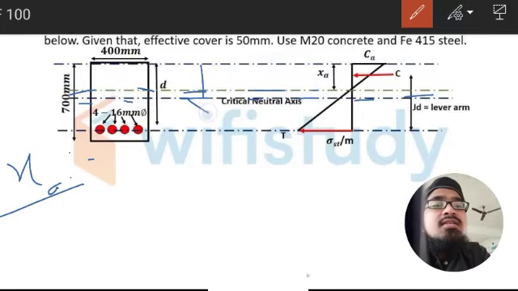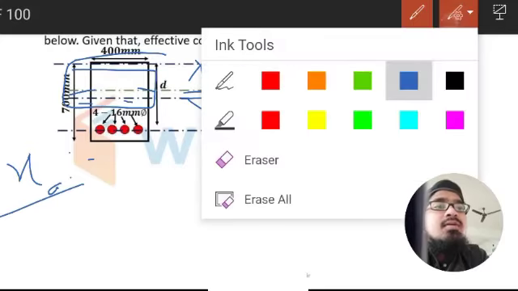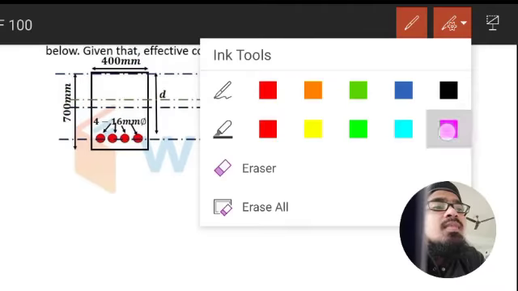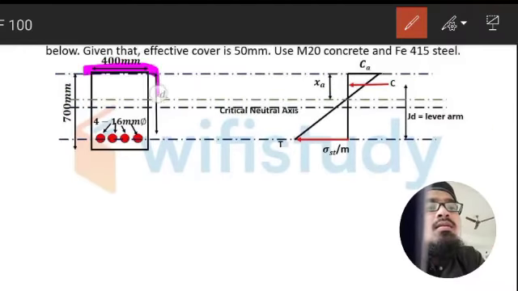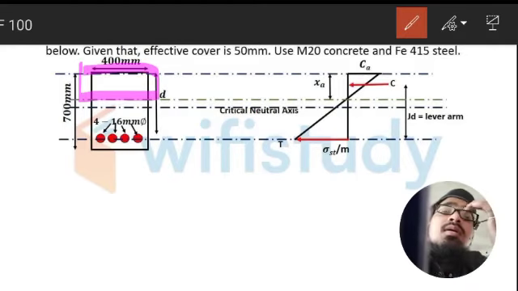So until this portion, what is the area? Let me draw another time. This portion's area, what is it?